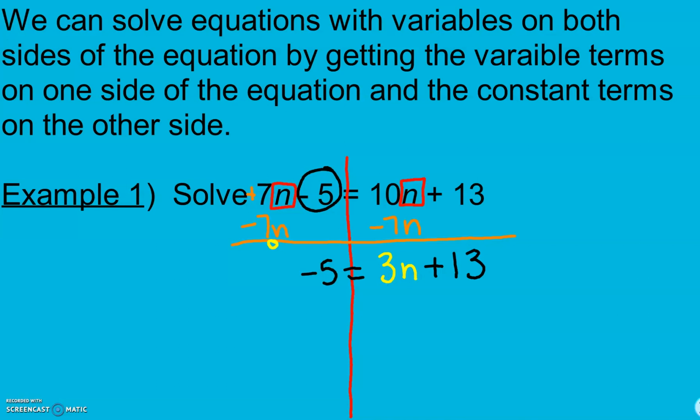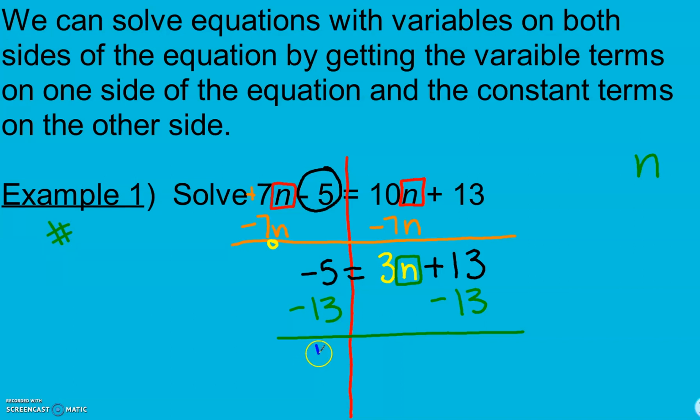And now once we get to this point, it's just like we did in section 3.1, two-step equations. My variable is being multiplied and added, so we get rid of our addition first by subtracting. We have plus 13, we subtract 13, and that's how I get to 0. So again, we tried to get all of our variables on one side, all of our constant terms on the other, and that's what we've accomplished here.